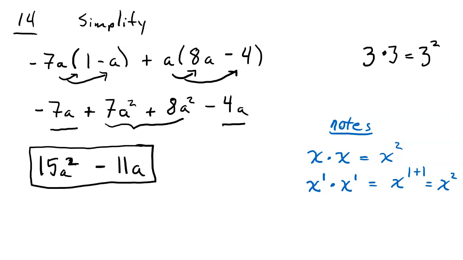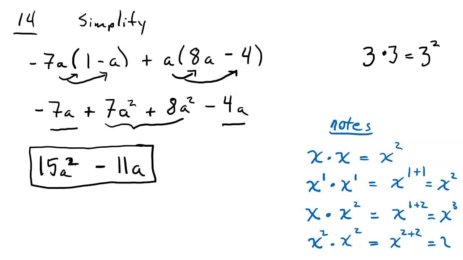We have the same thing happen when x is raised to more than one power. So if we just have an x times an x squared, that's really just saying x to the first power plus 2, so that's equal to x cubed. And if we had x squared times x squared, this would be x to the second power plus 2, which is equal to x to the fourth.